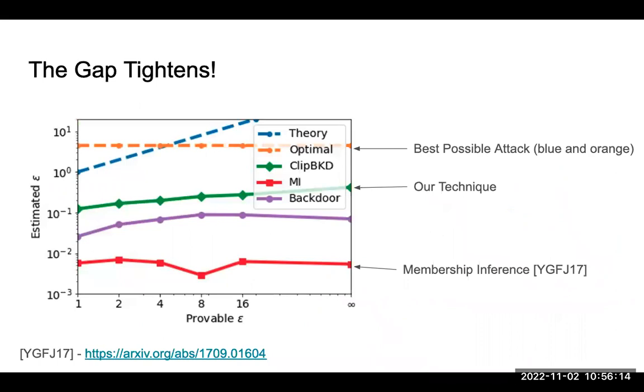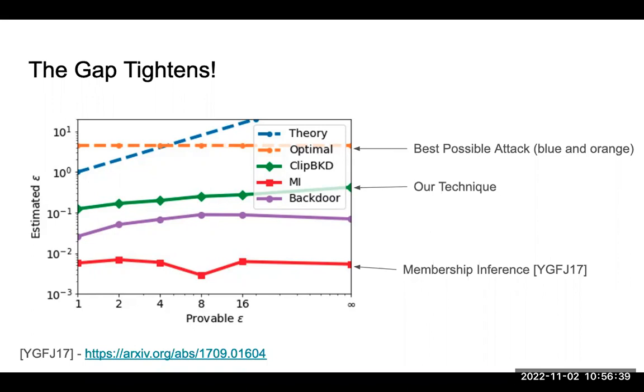We're not going to look too deeply into this slide, but essentially here on the x-axis we're plotting the provable epsilon, the upper bound from the proof of privacy. And the y-axis is the lower bound that we get. The state of the art before this paper is here on this red line, and our technique is on the green line.